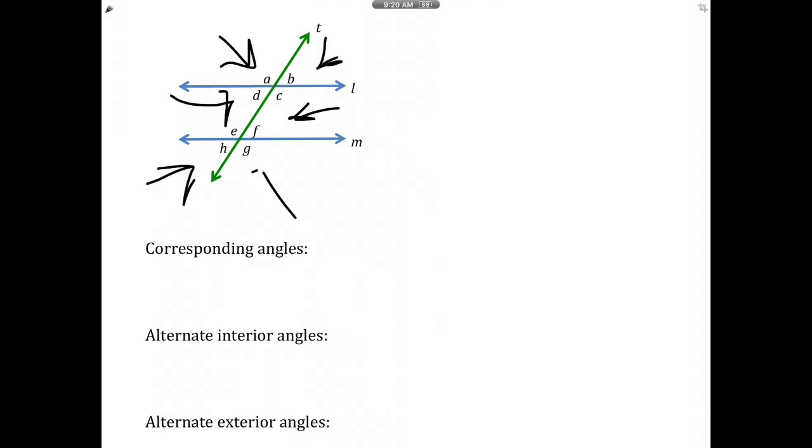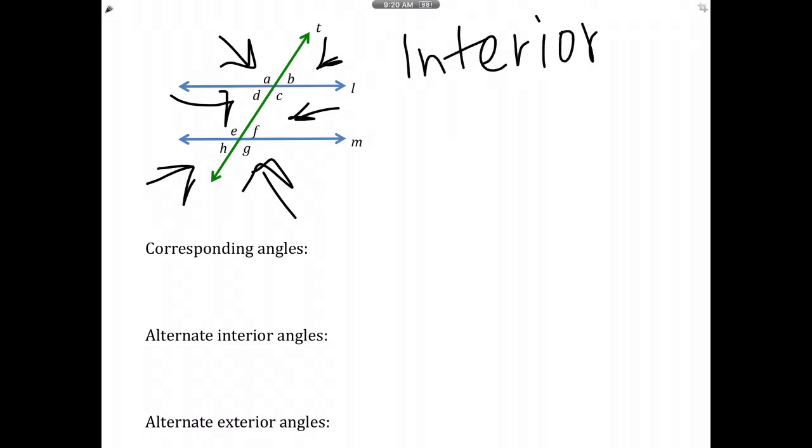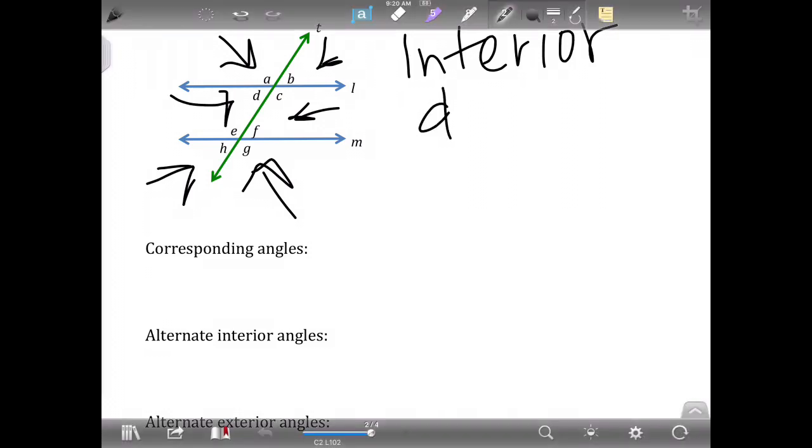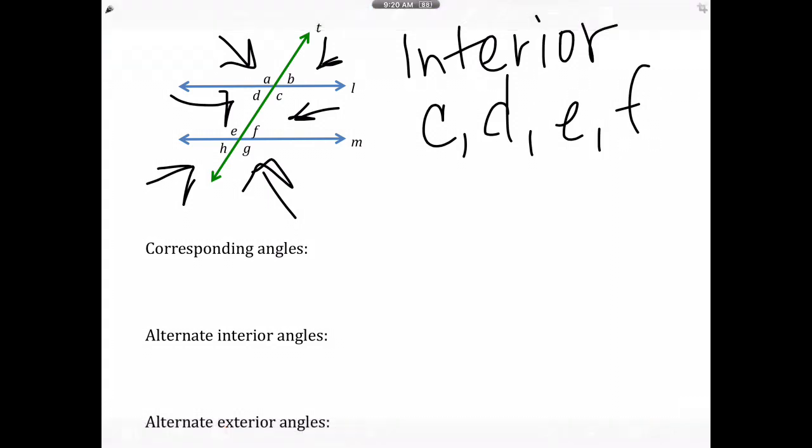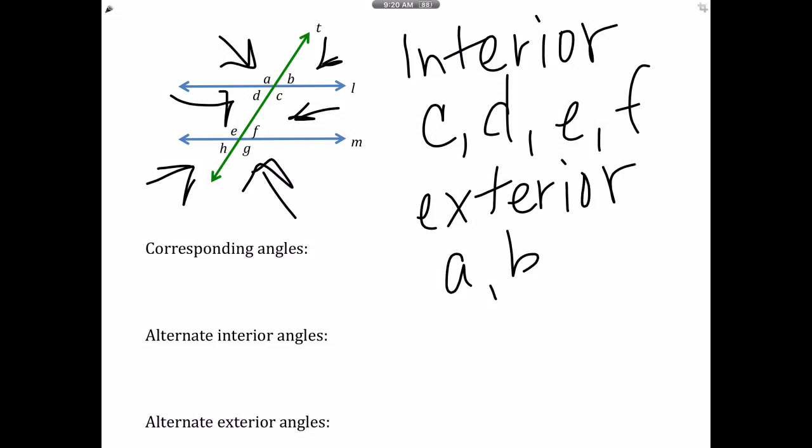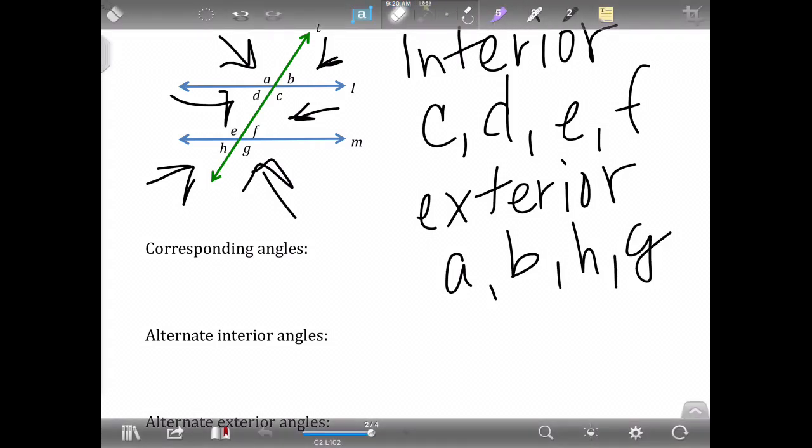The interior would be C, D, E, F. The exterior would be A, B, and then H and G. See, the interior is kind of protected. It's inside the blue lines.